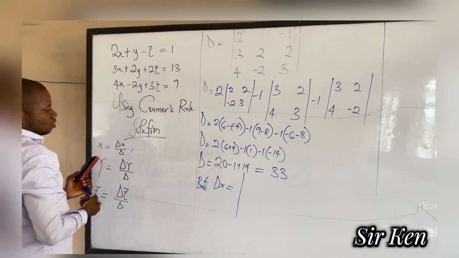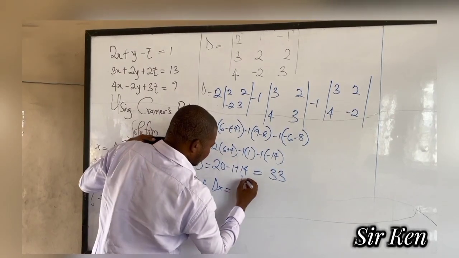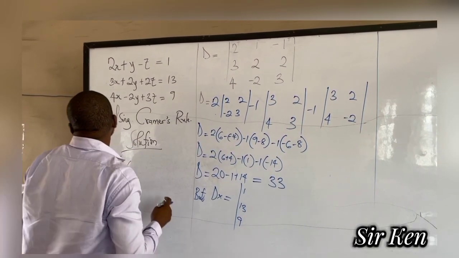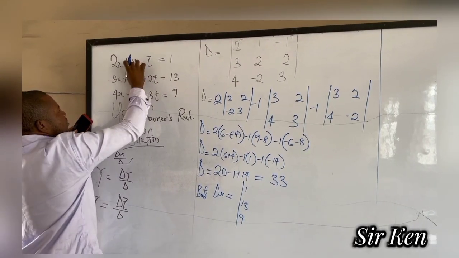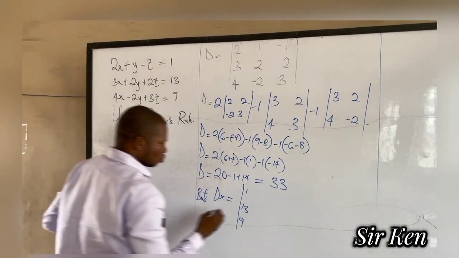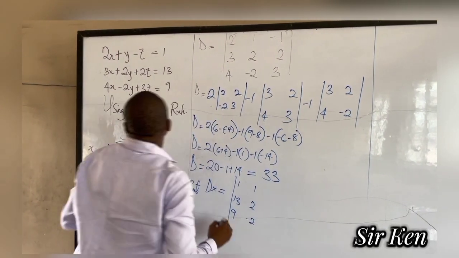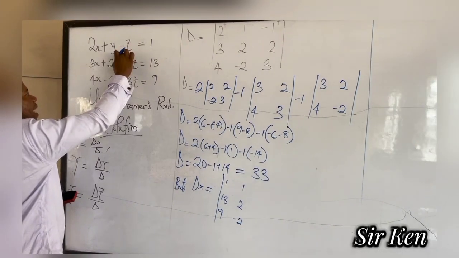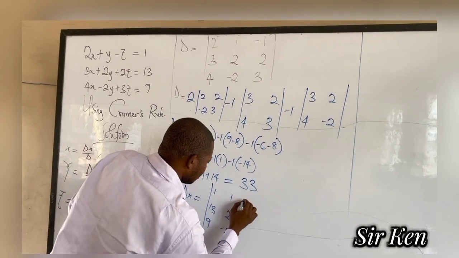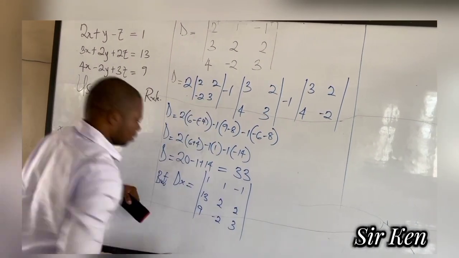So by virtue of that, I'm going to have 1, 3, 9. Then I'll start picking the next, which is 1, 2, minus 2, and then finally minus 1, 2, 3.